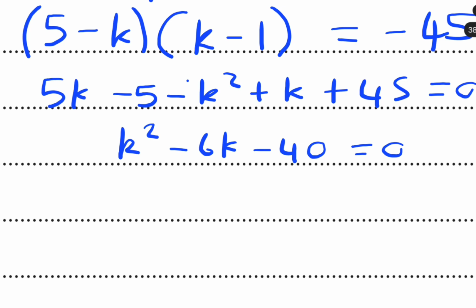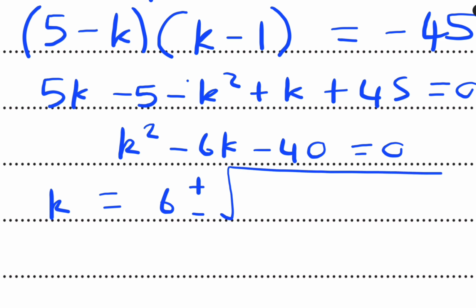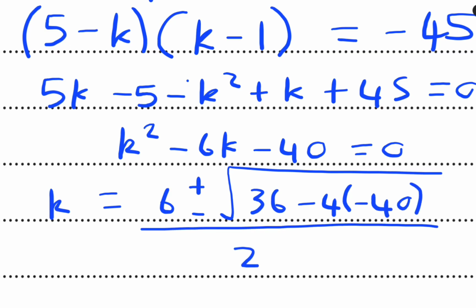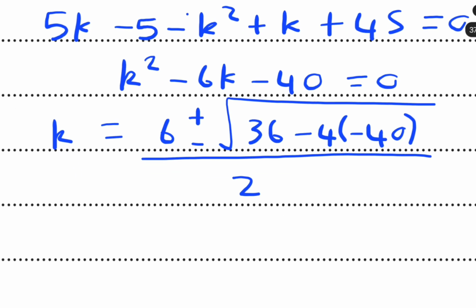And for this, we're going to use our quadratic formula. So our K will be 6 plus or minus the root of 36, which is 6 squared, minus 4 times A, which is 1, times C, which is minus 40, all over 2A, but our A is 1, so it's 2 times 1, which will give us 2.